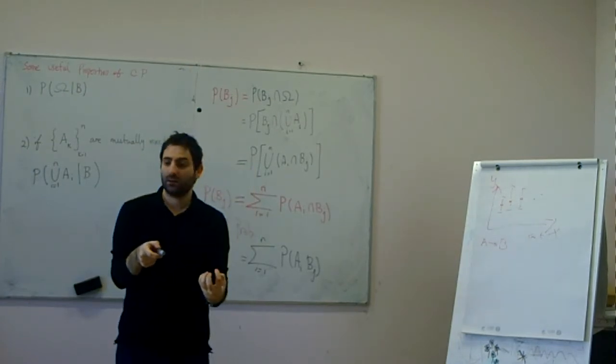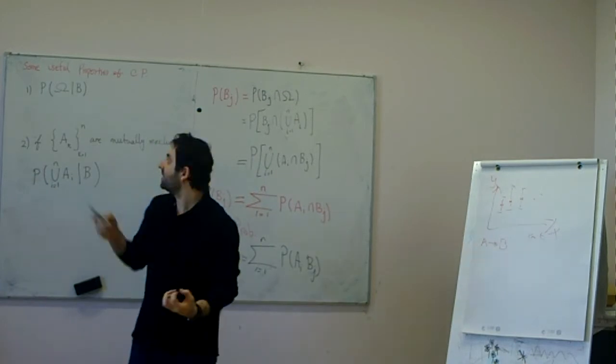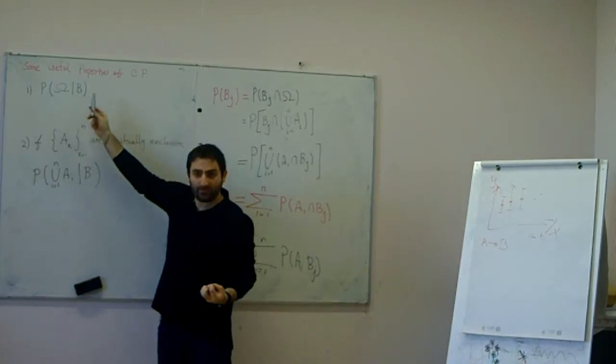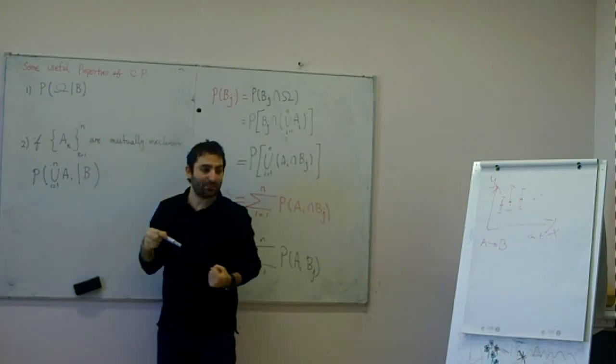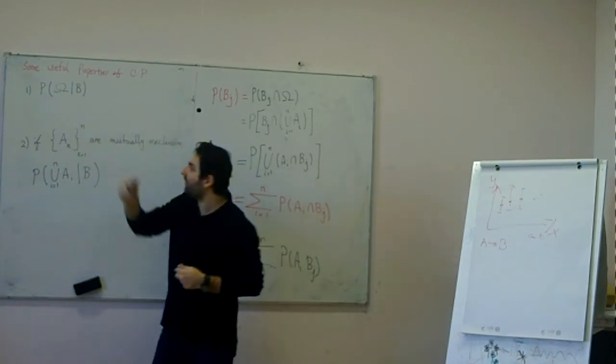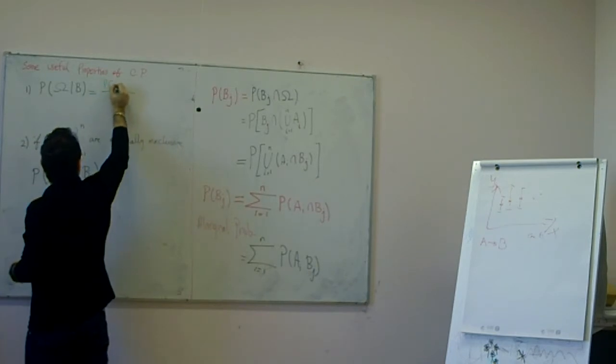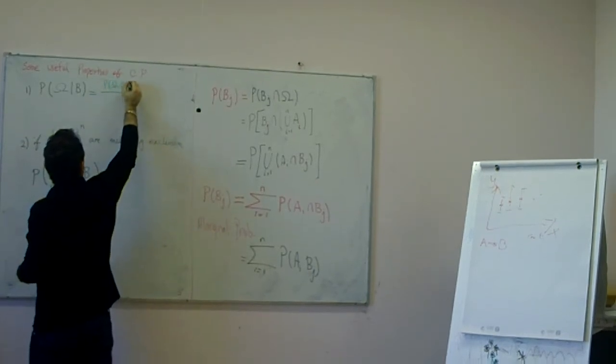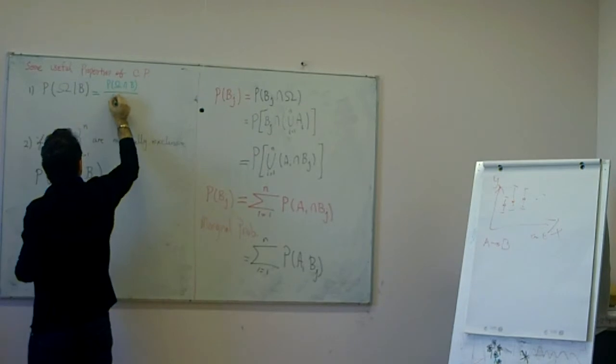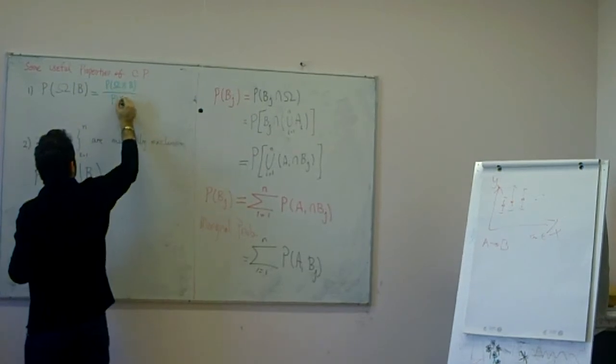What is it? 1. Because no matter which of the B happens, it's one of the sample space. So it should be 1. But we can prove it by writing that this is the probability of the sample space intersection B divided by the probability of B.